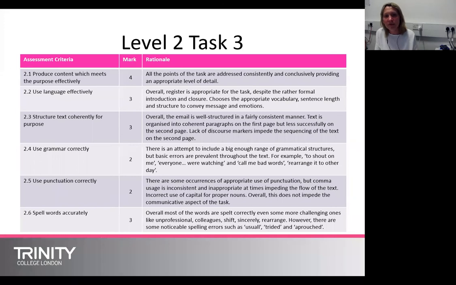In terms of the use of register, so effective use of language, it's appropriate for the task, although some parts are a bit too formal. Appropriate vocabulary, sentence length, structure is used, and that's been awarded 3 marks.